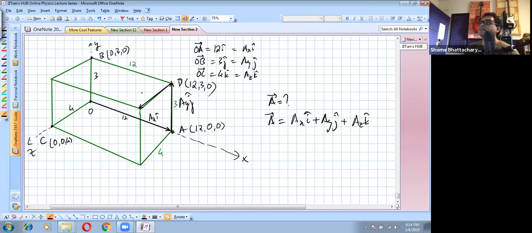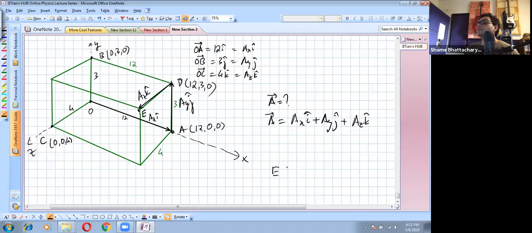Your three vectors A_x i cap, A_y j cap, and A_z k cap are the three mutually perpendicular edges of this cuboid, one after the other. Follow my cursor: this edge 12 i cap, then this edge 3 j cap, plus this edge which is 4 k cap. After completing this, you have reached this point, let's say E.